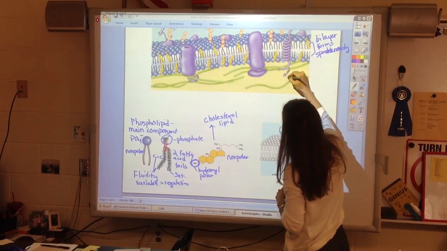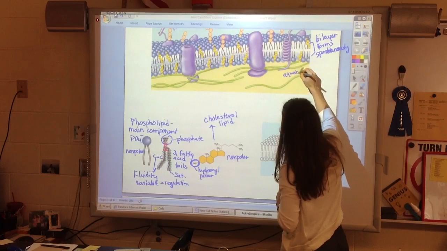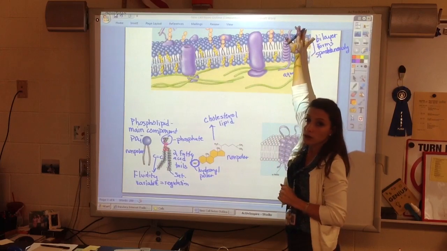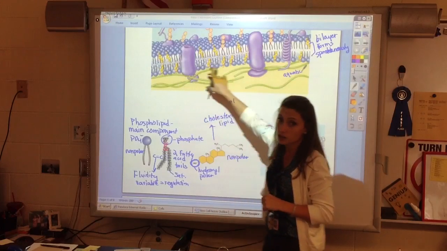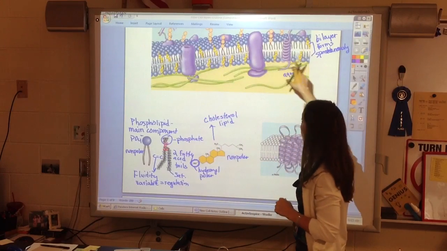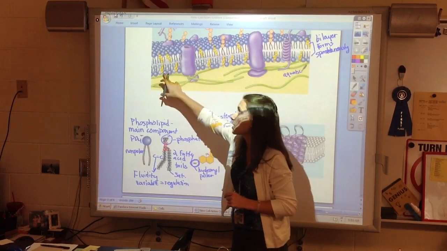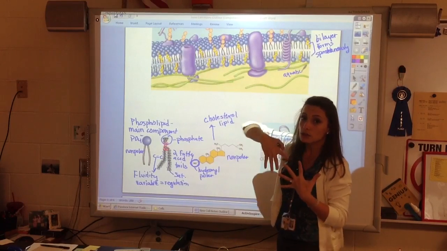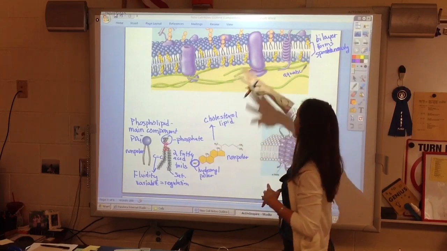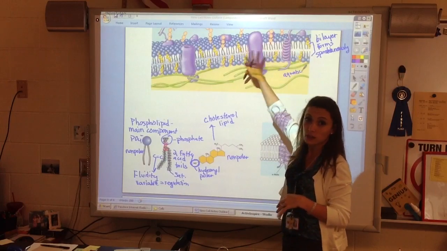So if this is aquatic or water-based, and if up here is aquatic, then these polar heads, which are hydrophilic, are going to line up facing the water, and the tails are going to orient away, that idea of hydrophobic exclusion.